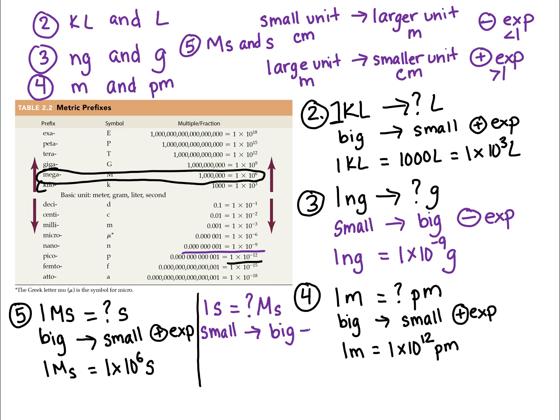So we would have a negative exponent if we were writing it the other way. Okay? So those are two unit equations that state the same relationship. Oops. Should be megaseconds.